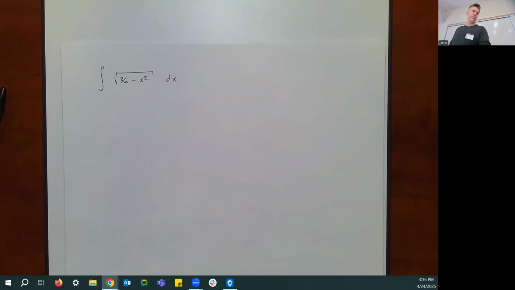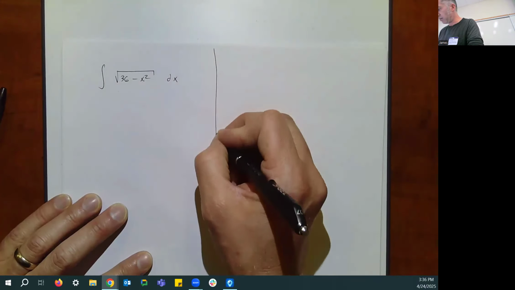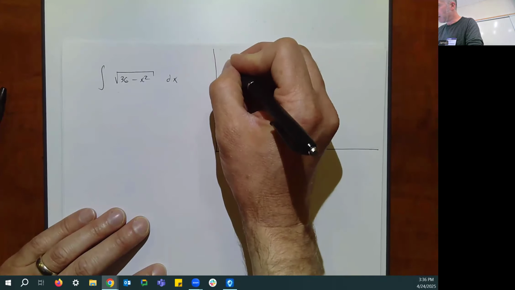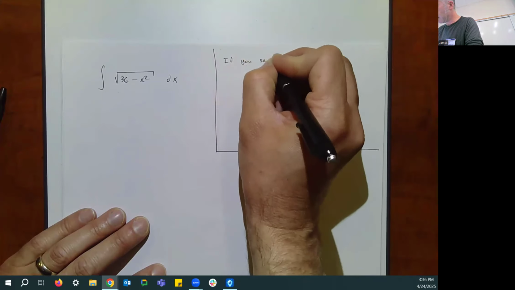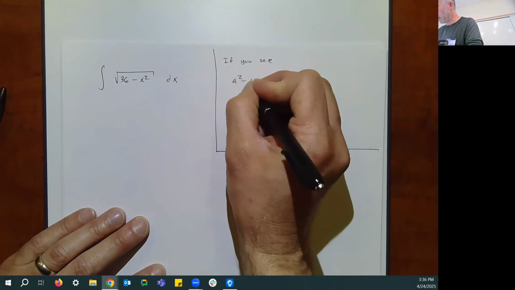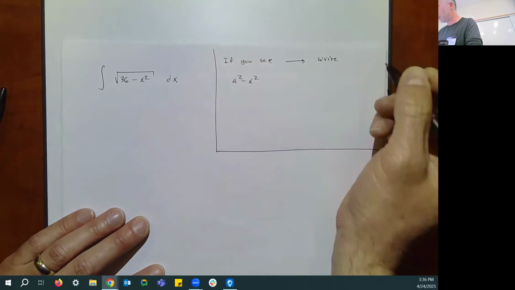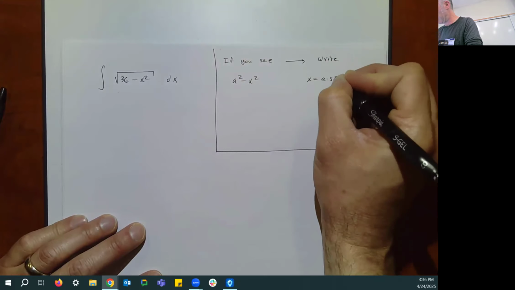And I'll point out the more general guidelines here. If you see a squared minus x squared, you're going to make the trig substitution x equal to a times sine theta.